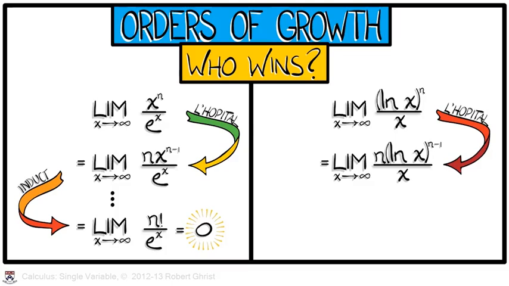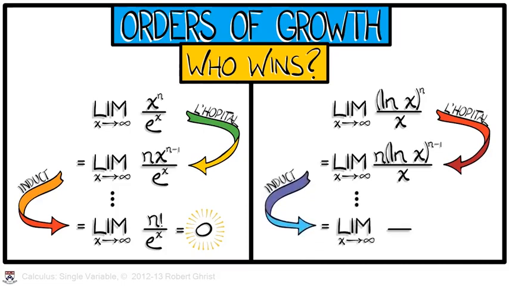So we are left, again, with an indeterminate limit. However, inducting, eventually, what are we going to get? We'll get a constant in the numerator, that constant being, once again, n factorial, the denominator remaining x. This, too, goes to 0, which means that linear growth is faster than logarithmic growth, even logarithmic growth raised to a power.